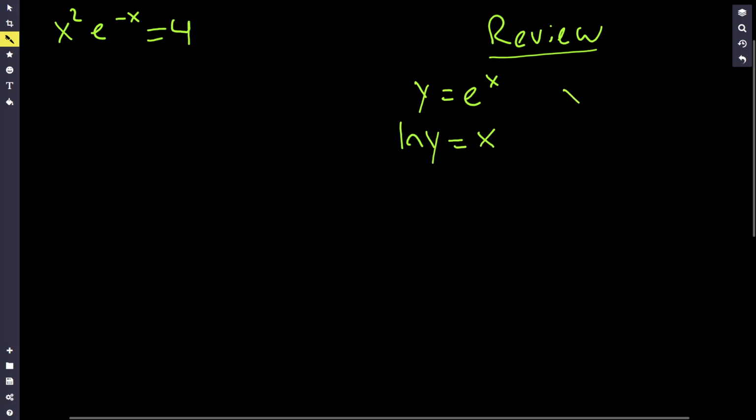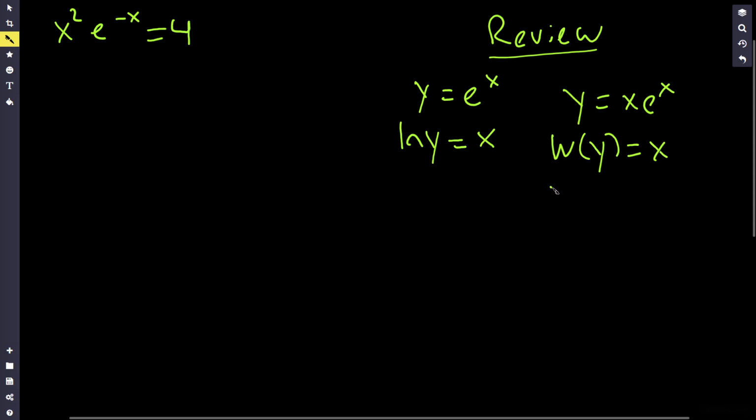So in the same way, if we have y equal to x times e to the power of x, the Lambert W function, capital W of y, will just give us x.